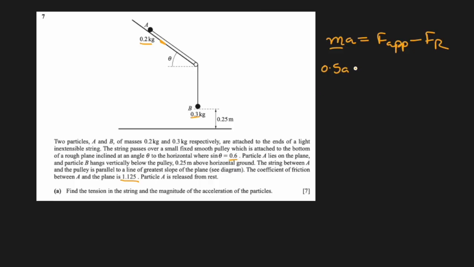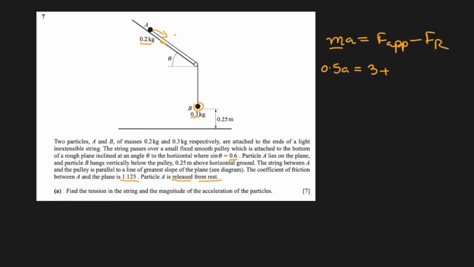Acceleration is A, we don't know it, but applied force will be the weight of this particular mass. So 3 Newton is 1 applied force. There is one more applied force. The weight component of this is also downwards. It will also break it down. So there are two applied forces kind of. Since this will be more, that's why this tension will exist.